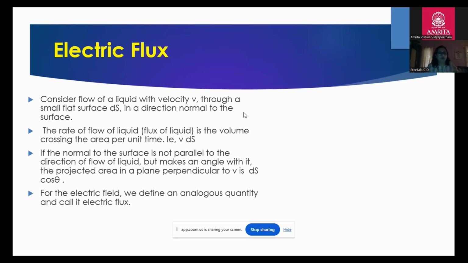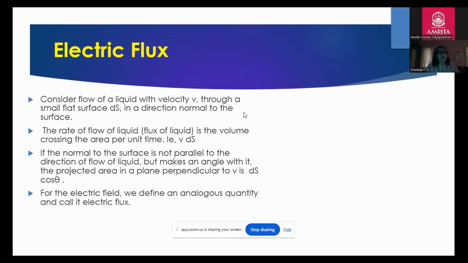If v is the velocity and ds is the area, then the rate of flow of the liquid is given by v ds.